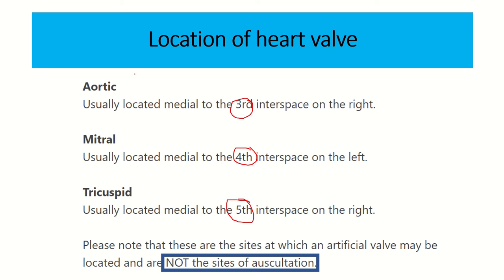And here an important note: the artificial valve or the normal valve location and auscultation site are different. The valve location is one place and the auscultatory area is another place. So we have to remember for each valve what is the anatomical location and what is the auscultatory location.